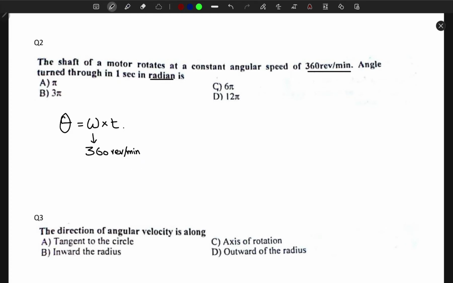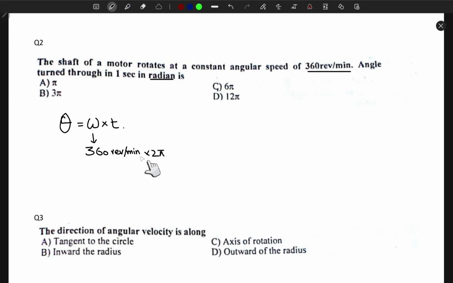But wait a minute, you have to compute your angular displacement in radians. So first I'll have to multiply this whole thing with 2 pi, so we can get rid of the revolutions.